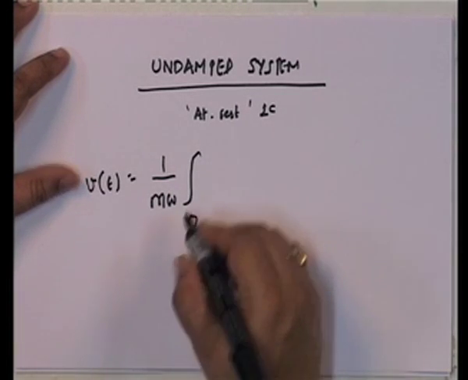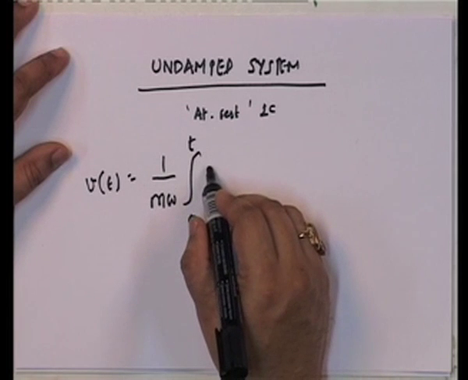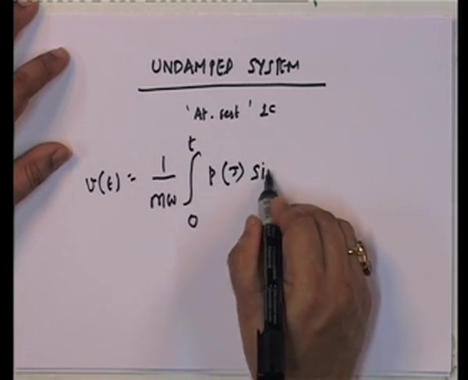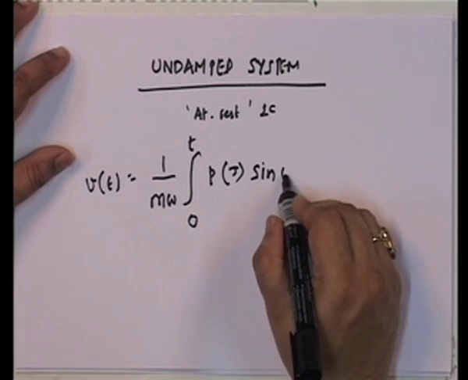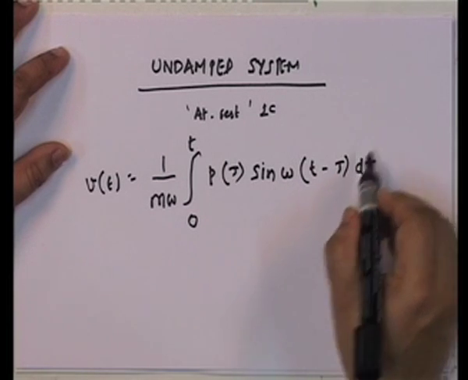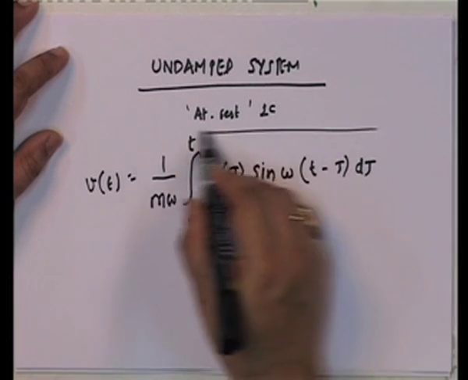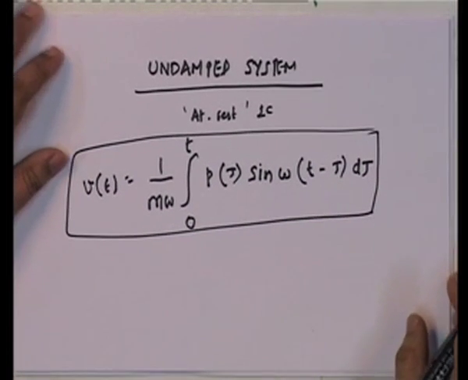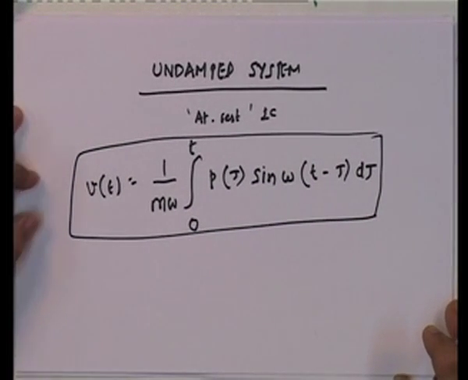So, the Duhamel integral for the undamped system is the integral of p of tau sin omega (t minus tau) d tau. This is the Duhamel integral approach. We have already derived this.